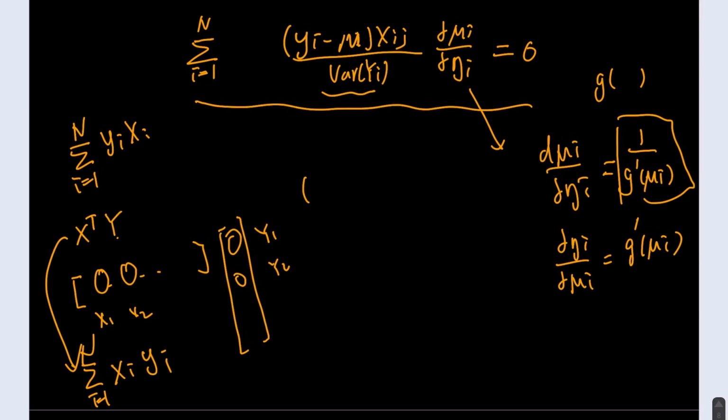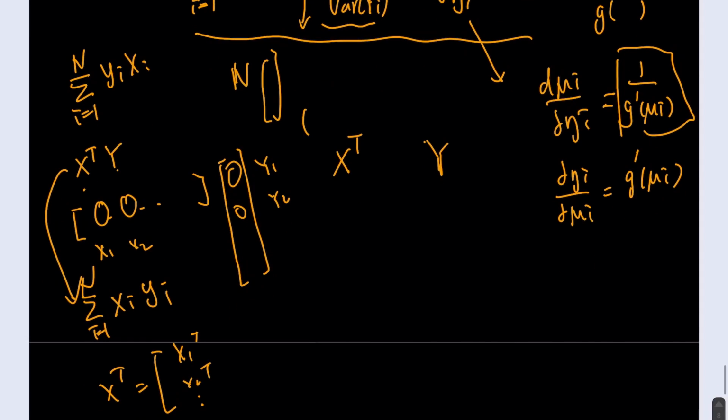Similarly here, if we look at all n of the yi, it's still going to be a vector. So we will have y as in the example I gave you, and then we will take the transpose of the x matrix. This x transpose will look like x1 transpose, x2 transpose, depending on how many observations we have.